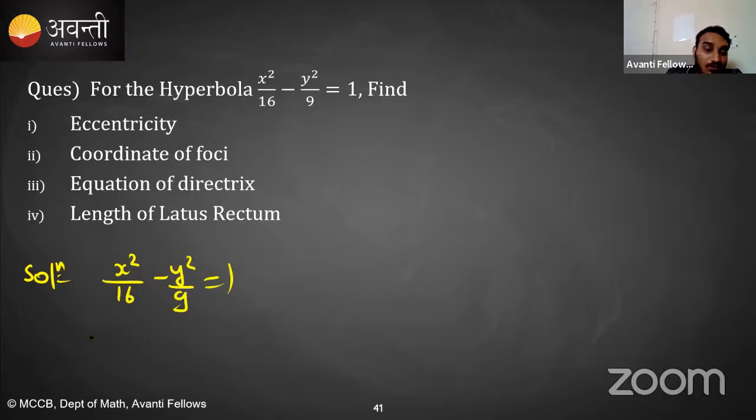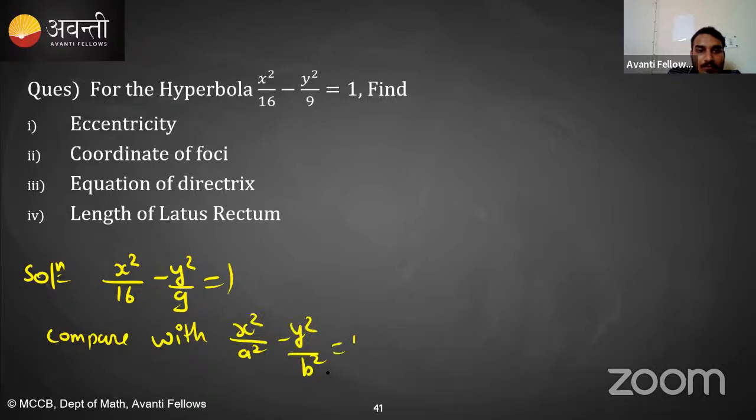Right? Now, first of all, compare this hyperbola with x square by a square minus y square by b square is equal to 1. Now compare this hyperbola with this. So what you will get?